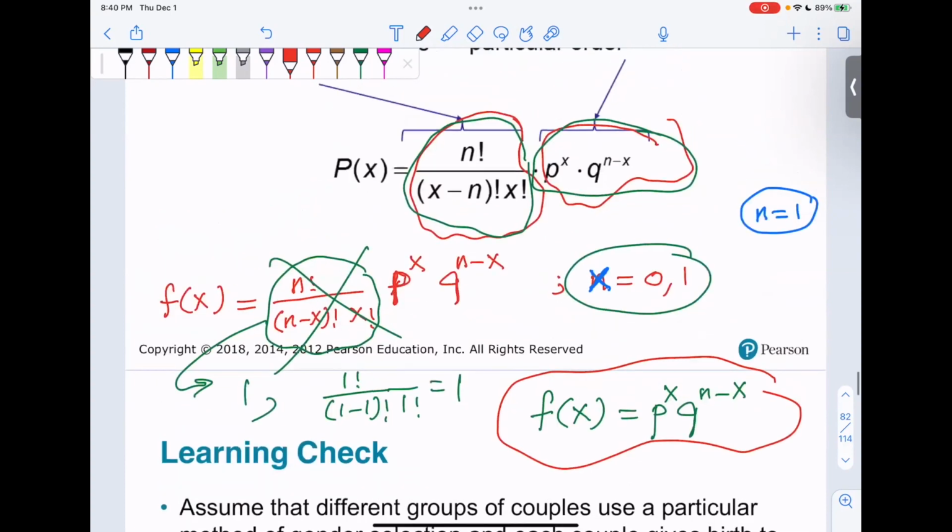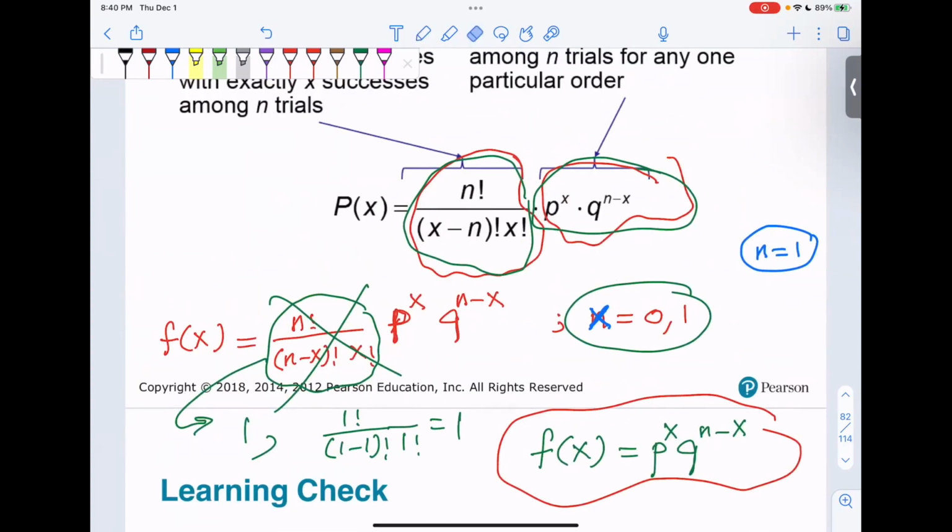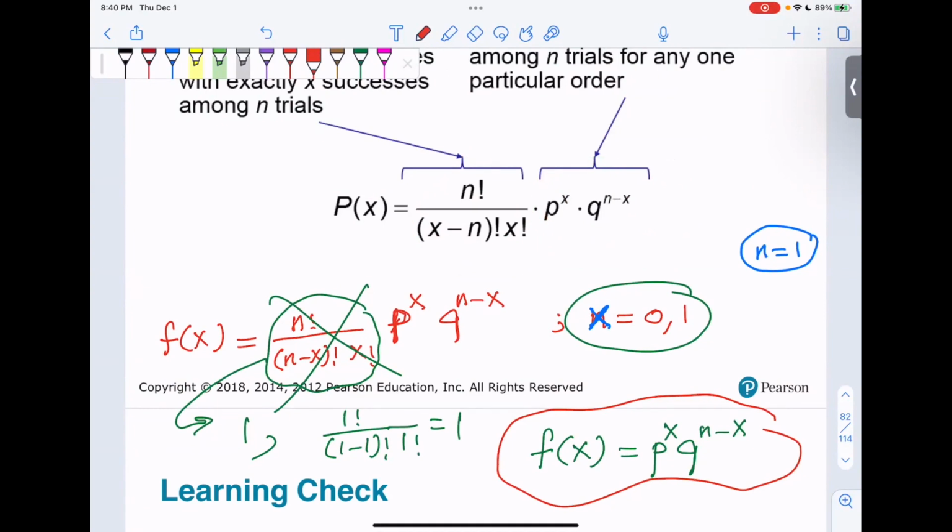Because in each experiment, you will have this result. And then this part is related to how many times you repeat the experiment. So if you repeat the experiment one time, then you have a Bernoulli experiment, which is this part.